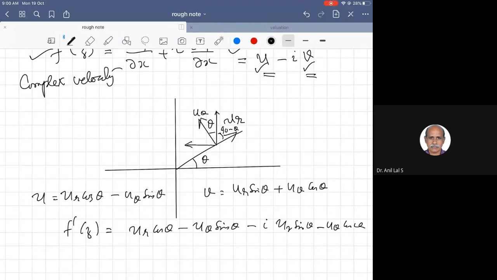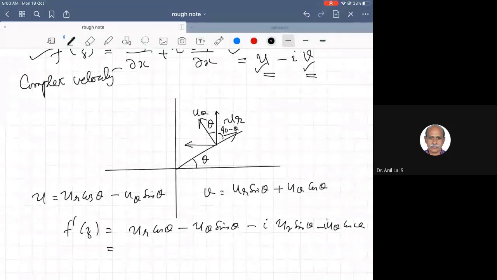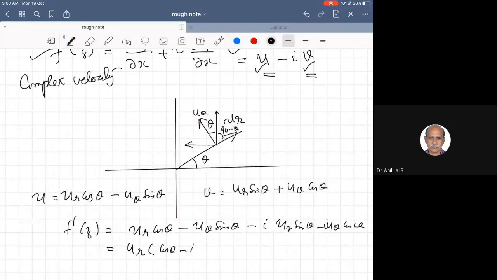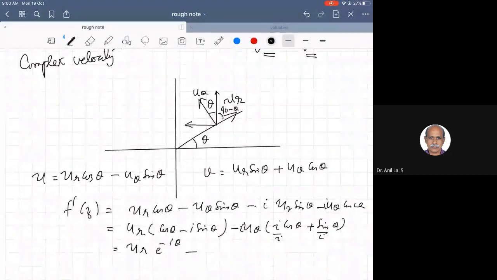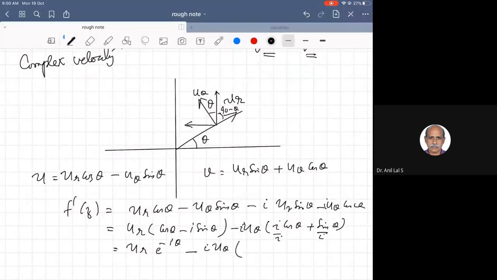So you write ur into cos theta minus i sin theta, minus i u theta into cos theta plus i sin theta.